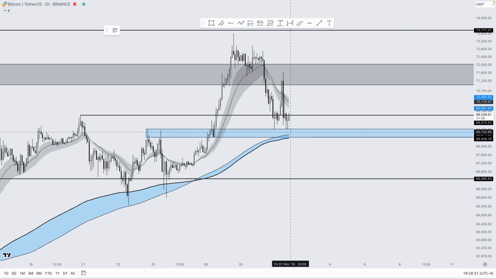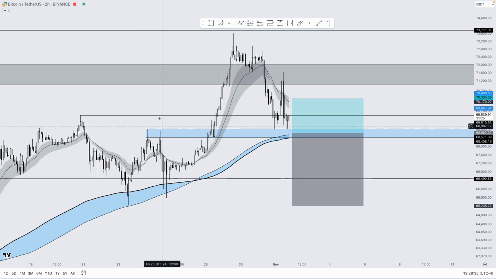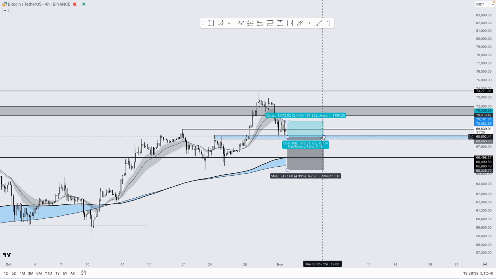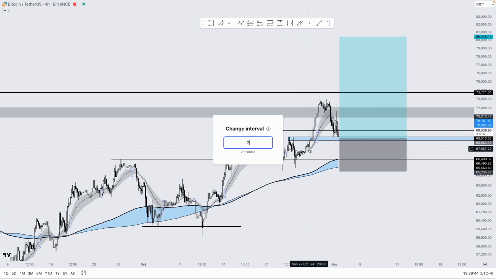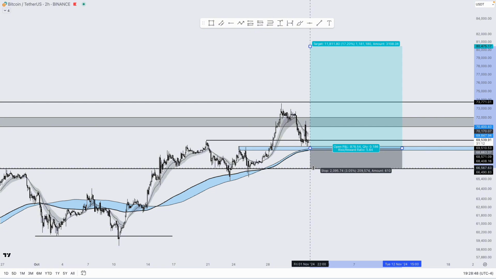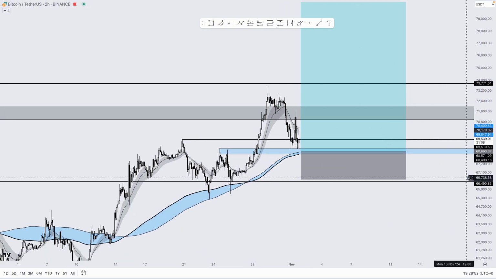Ideally, this is where you would enter long. Your stop, you could have the entire way down here, to be honest. Let's just see what the setup would look like. Ideally, I wouldn't put my stop the whole way down there. I'd probably have my stops somewhere around this region here, looking for continuation higher from here.